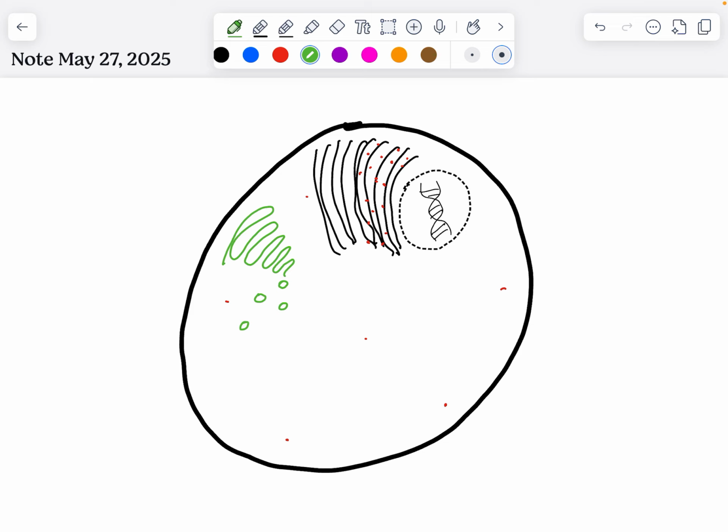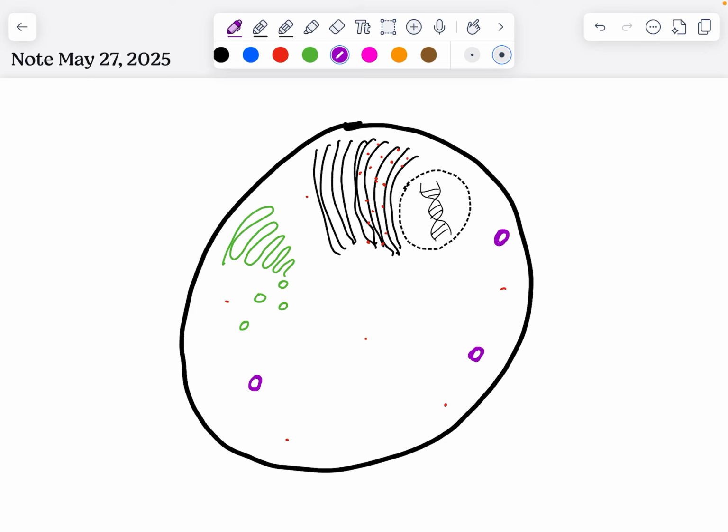Now, while those vesicles look like little bubbles that package things, we also have other organelles within the cell that look like bubbles that have different jobs. These are called lysosomes. When we hear lysosomes, we should think of the word Lysol. Their job is to clean up the cell.